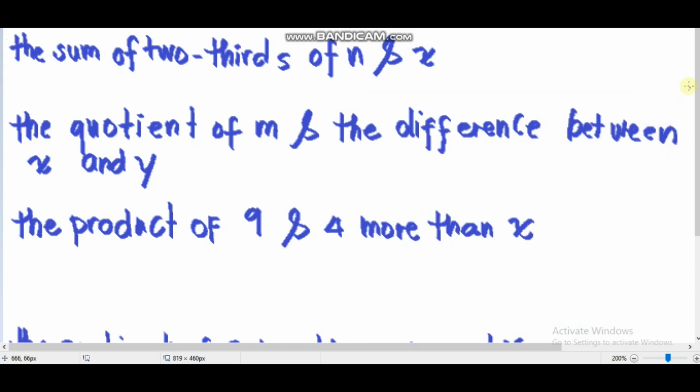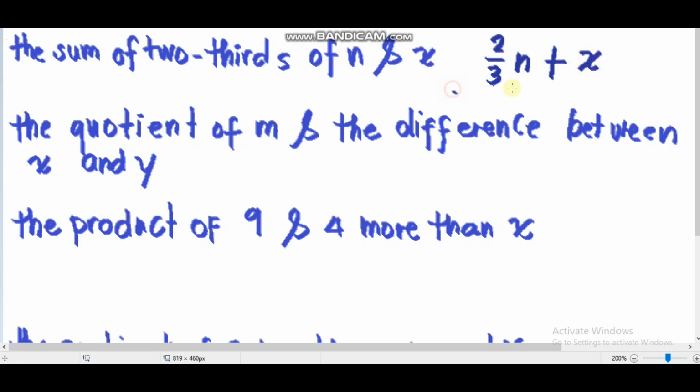So let's try to translate these verbal expressions into mathematical expressions. The first one is the sum of 2/3 of n and x. So there is addition here, the sum. This is 2/3 of n, then you are going to add that to x.